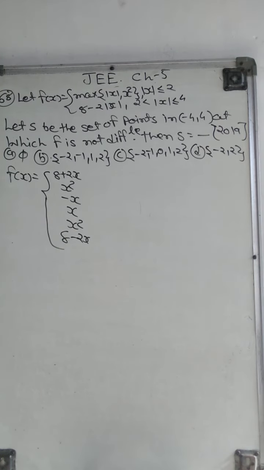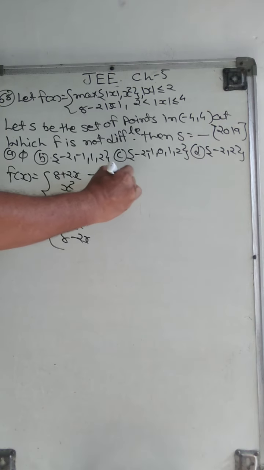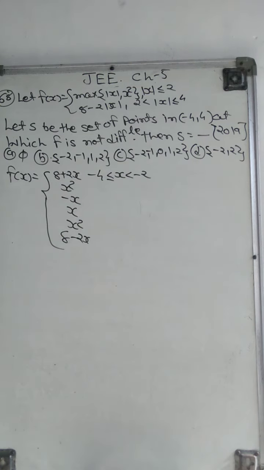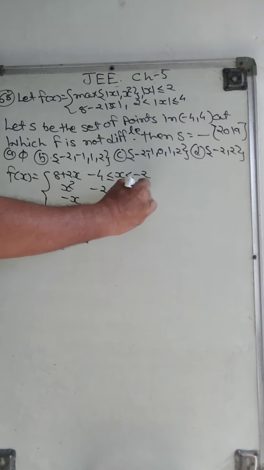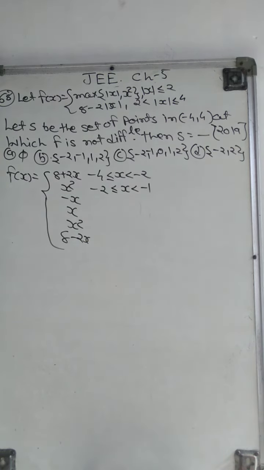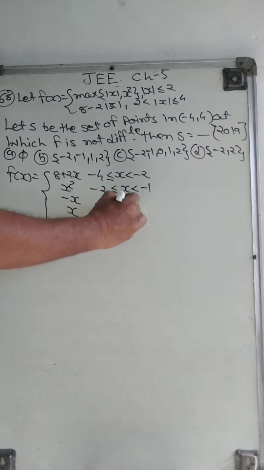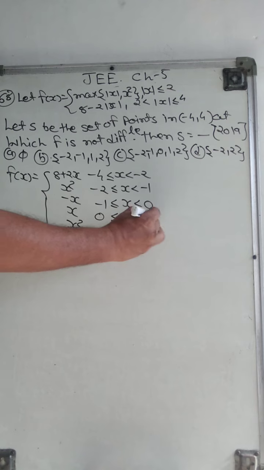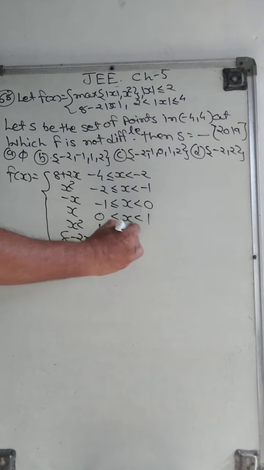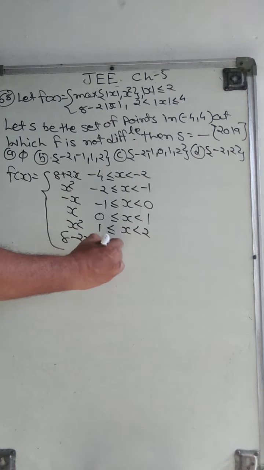Here the inequalities are also there: minus 4 less than or equal to x less than minus 2, then minus 2 less than or equal to x less than minus 1, then minus 1 less than or equal to x less than 0, 0 less than or equal to x less than 1, 1 less than or equal to x less than 2, and x greater than or equal to 2, right?